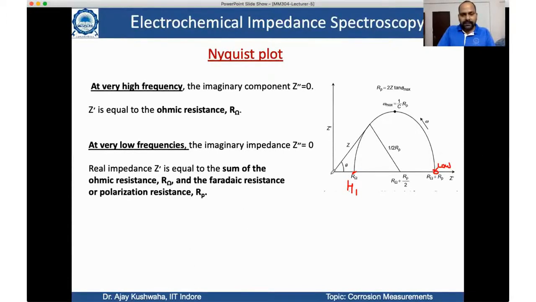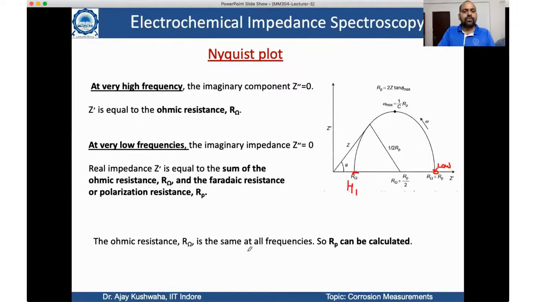So if you see from here to here, if you are able to see my cursor, from the origin to this first point, this is R omega, then from R omega to this value, this is Rp. So if you know this point, we can easily calculate the value of Rp by just subtracting the value of R omega. The ohmic resistance R omega is the same at all frequencies. Whatever you change with frequency, R omega will be the same. So Rp can be calculated.